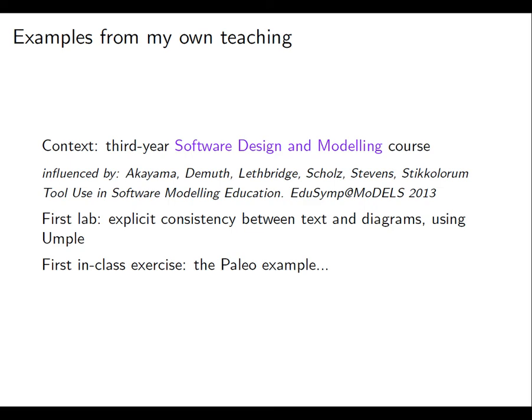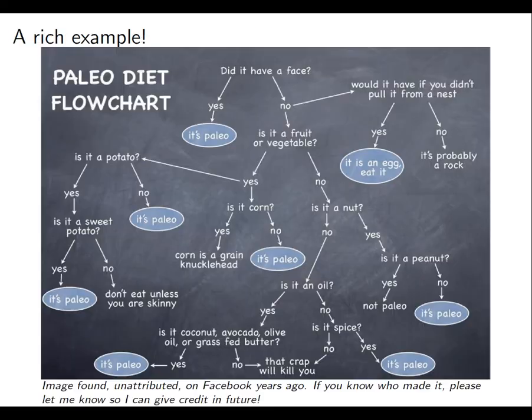And then the first in-class exercise I do with them is what I call the paleo example. It's based on that picture that I put up to start with. So I came across this image, just posted as a standard kind of meme, on Facebook a few days before I was about to teach a version, actually of the previous course, not the SDM course, in which I was wanting to get across the ideas of domain-specific modelling languages and think about what that has to do with class modelling.